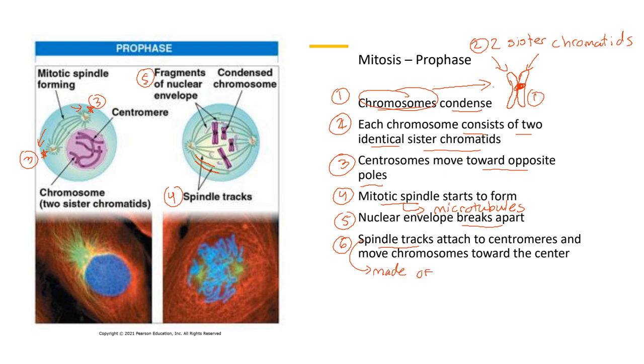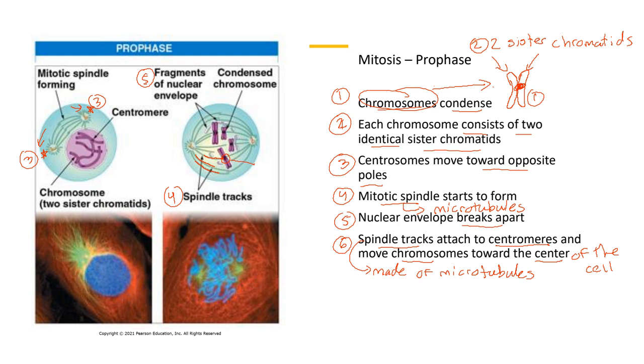They're going to attach to the centromere of each chromosome and move the chromosomes towards the center of the cell. Okay, and that's what's happening in this picture over here. You see, if you can tell, this is going to be attaching to the chromosome over here. This part here in the middle, like I said in my picture, is going to be a centromere.